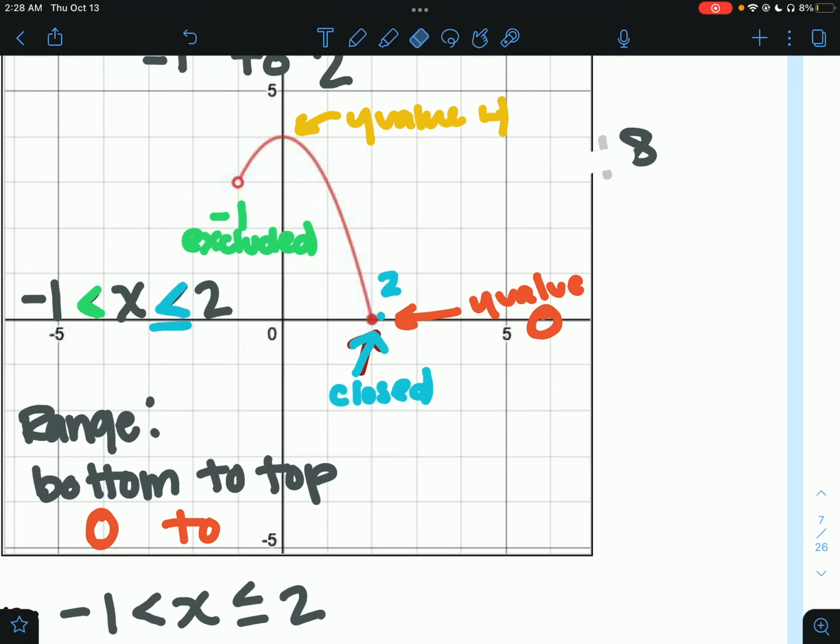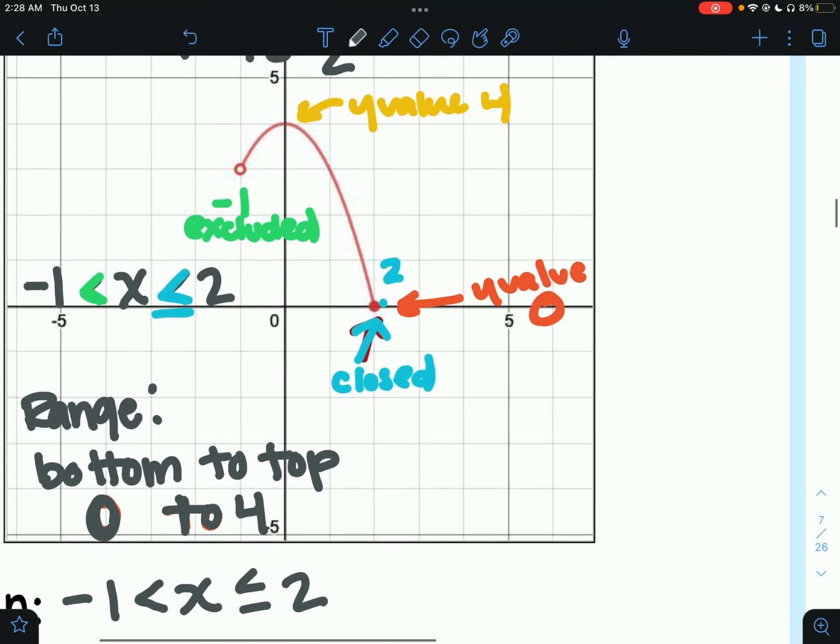It's understood. Just like that, if there is no open circle, then it is understood that it is a closed point on the graph. It is a closed point unless it has that distinct open circle. So here we'd go from 0 to our highest value, which is 4.